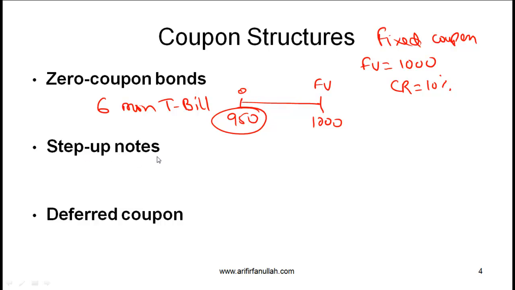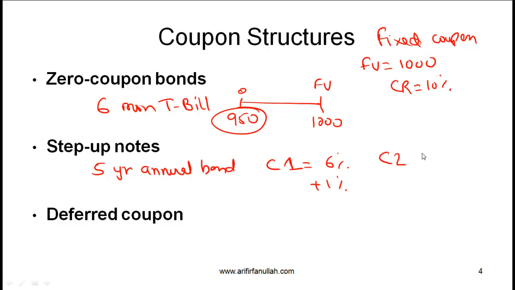Step-up notes are bonds where the coupon rate keeps going up based on a formula that's defined up front. So for example, we might have a 5-year annual bond where the first coupon, let's call that coupon 1, is 6%, and then we say that every year the rate goes up by plus 1%.